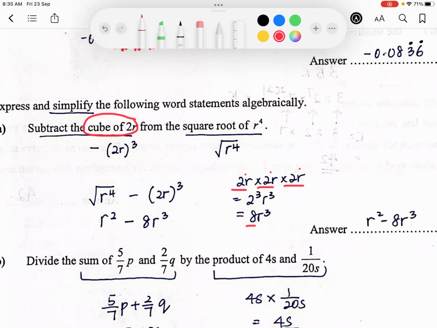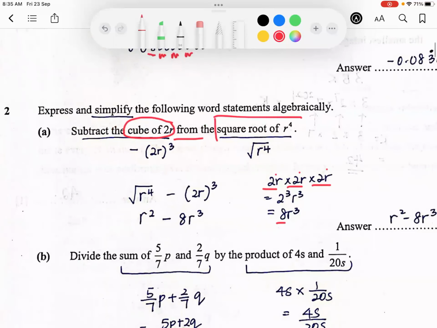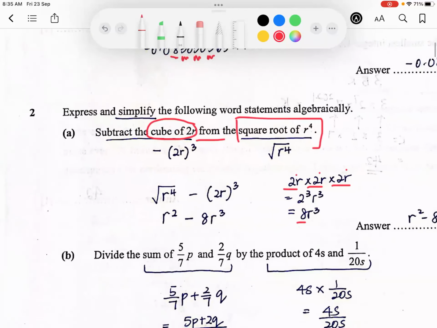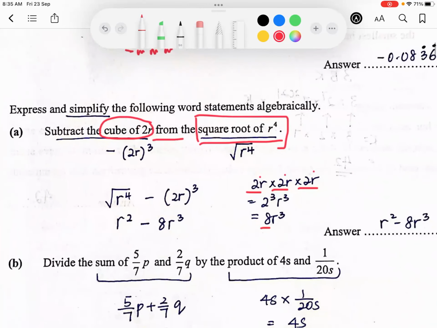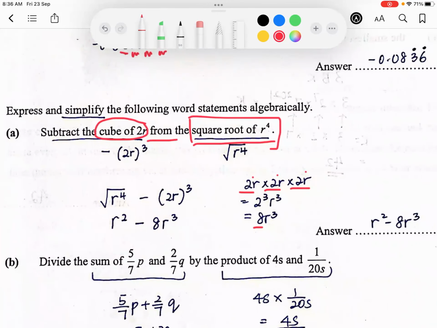Okay, but they say subtract this from, right, from. So the number over here, the square root of r to power 4, needs to be in front. Okay, subtract this from. So it's just like, for example, I say subtract 3 from 5. It's actually 5 minus 3, correct?